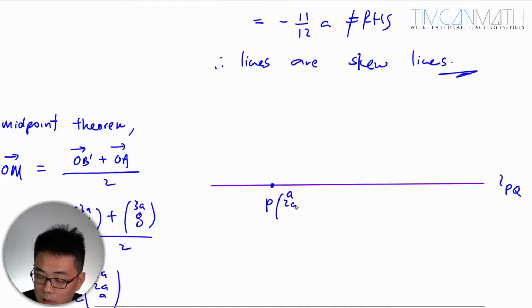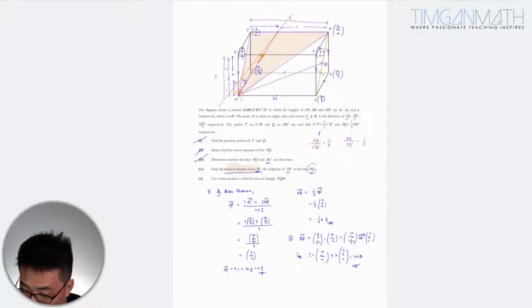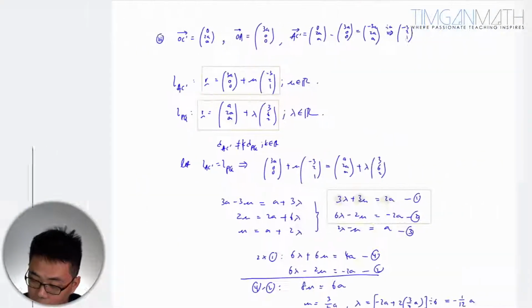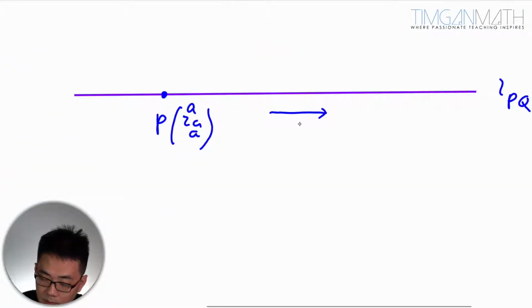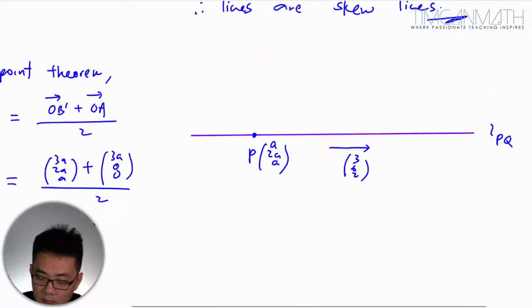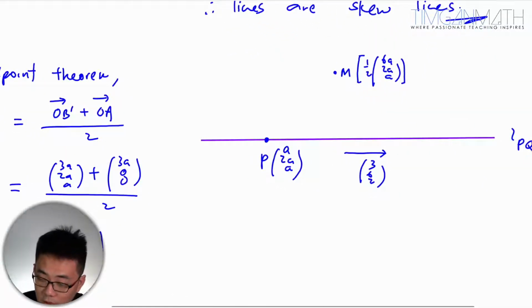A, 2a, a, and 3, 6, 2 as the direction here. Then you have got M here, which is half of it, so I'm going to put this as 6a, 2a, a.